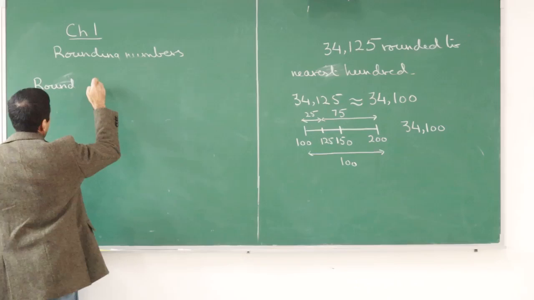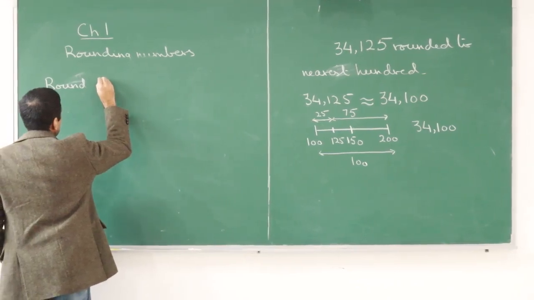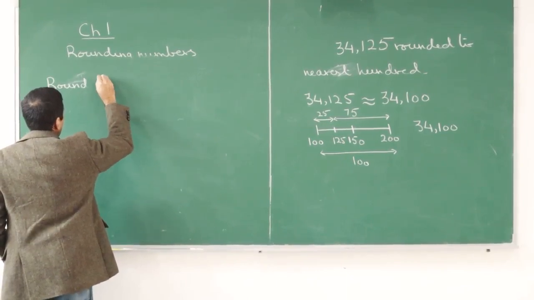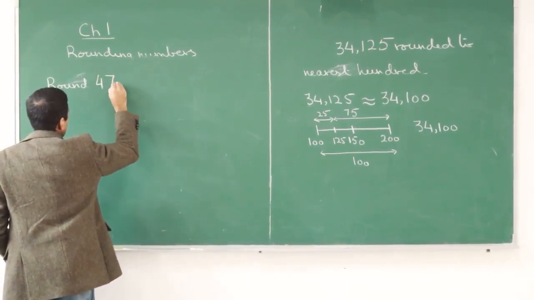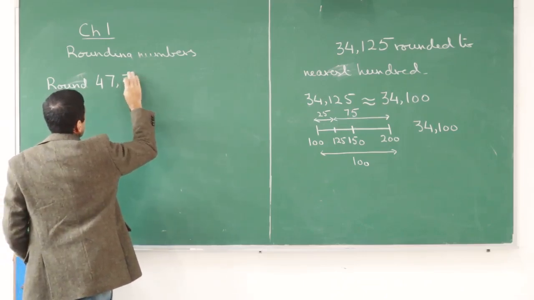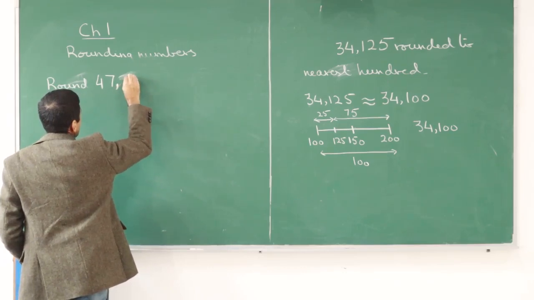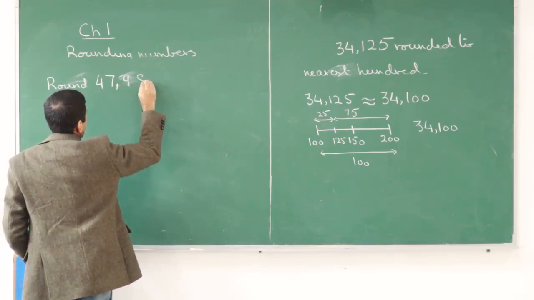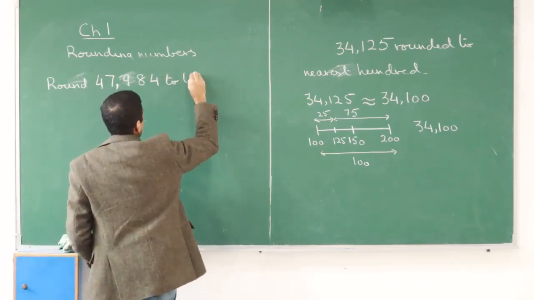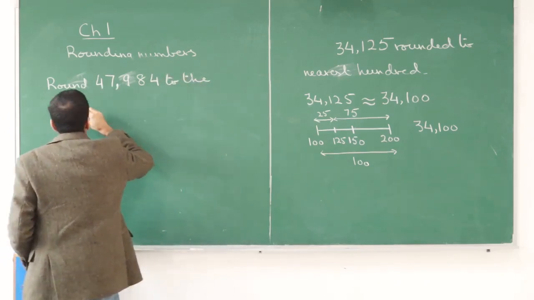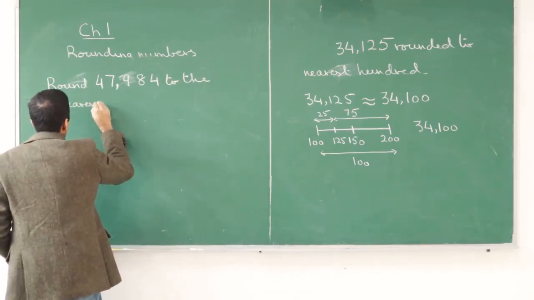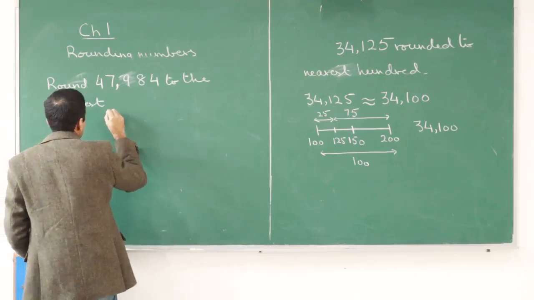So let's round $47,984 to the nearest 100.